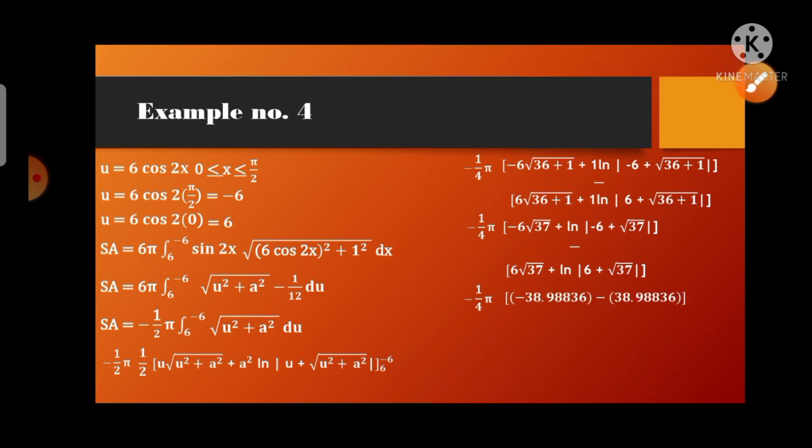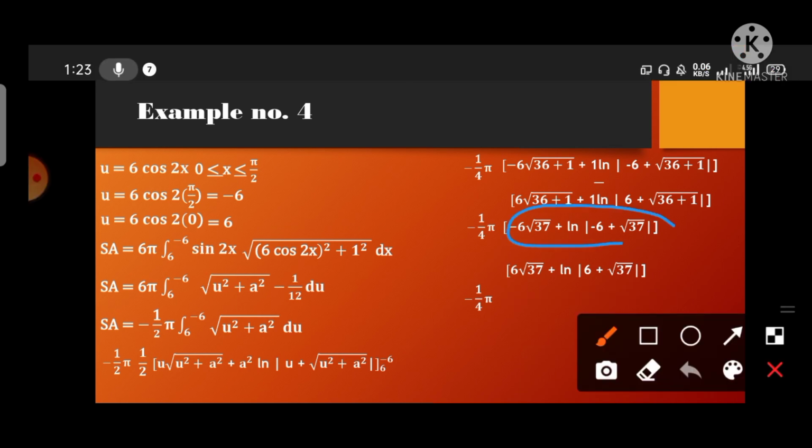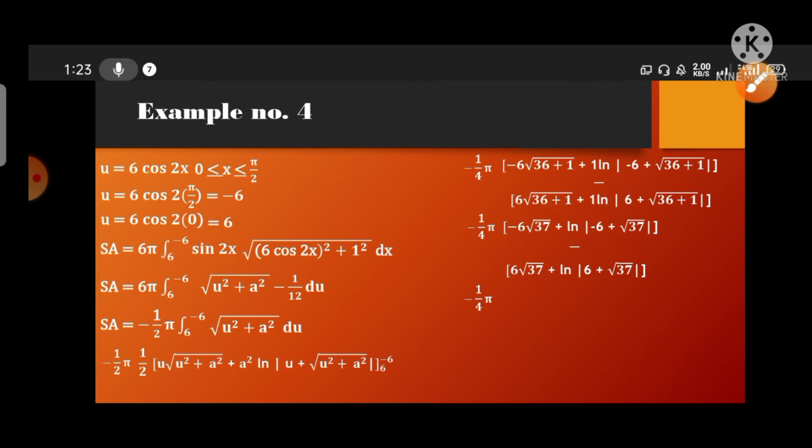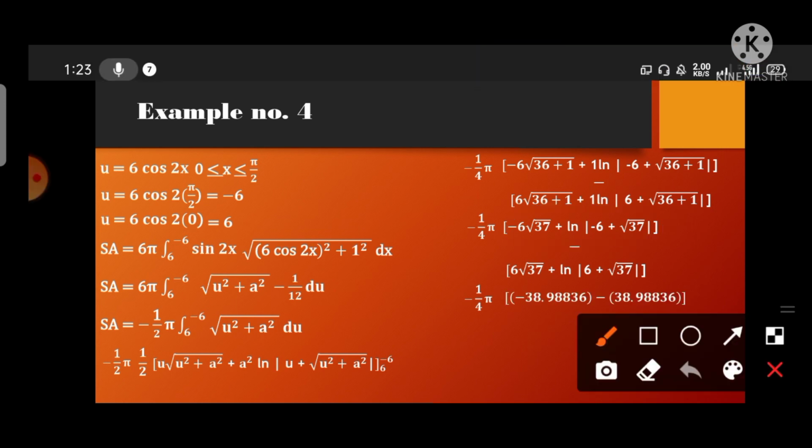This is equal to negative 1/4 pi times negative 38.98836, the value of this one, and minus the value of this one.